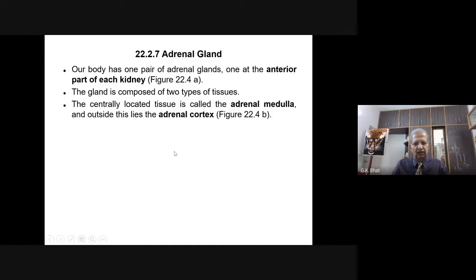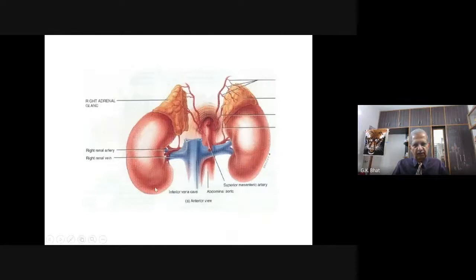Let us see that. This is the kidney we have, and attached to the anterior part of the kidney we have the gland, and this gland is called adrenal gland. There are two adrenal glands attached to the two kidneys, one to each of the kidneys.